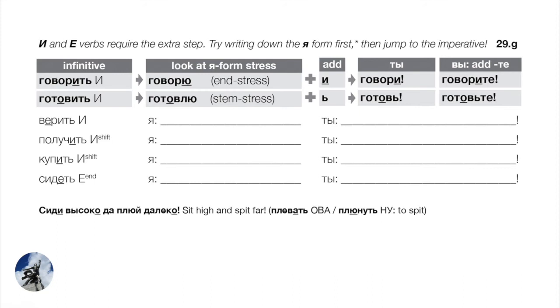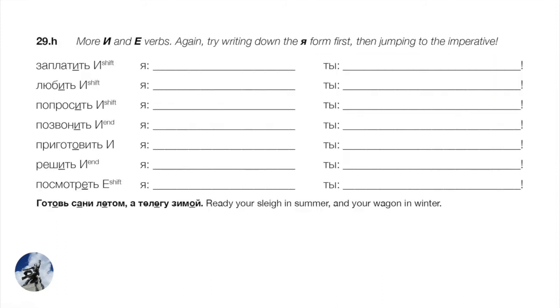Okay, let's look at a few more verbs, right? These are very common verb types, so it's worth practicing them quite a bit. Заплатить, right? Look at the stress. That implies заплачу, which in turn gives заплати, right? Pay. Любить, that implies люблю, which in turn gives us the imperative люби, right?